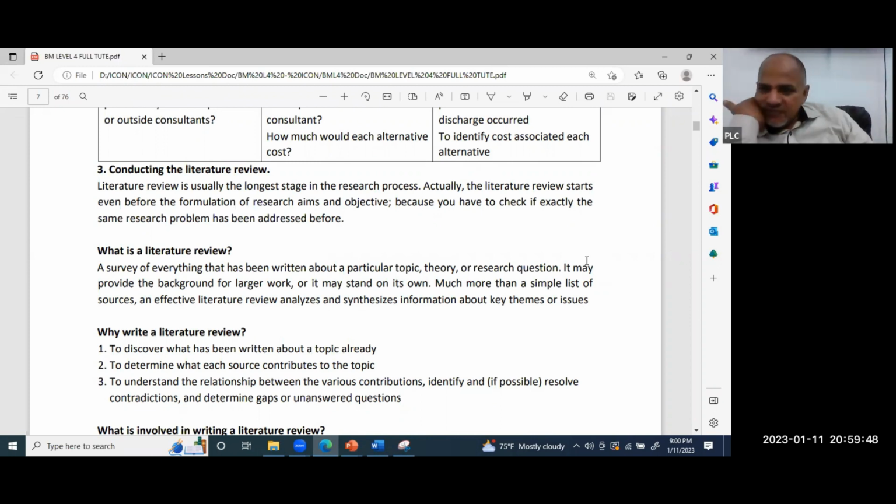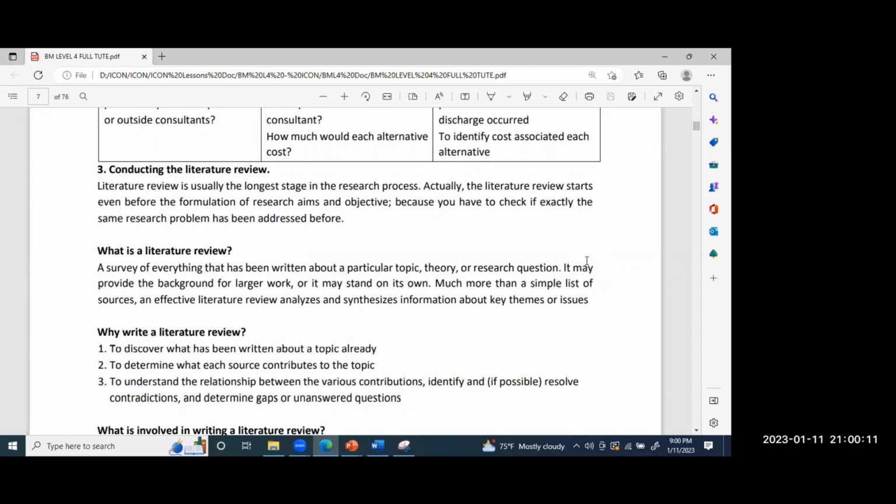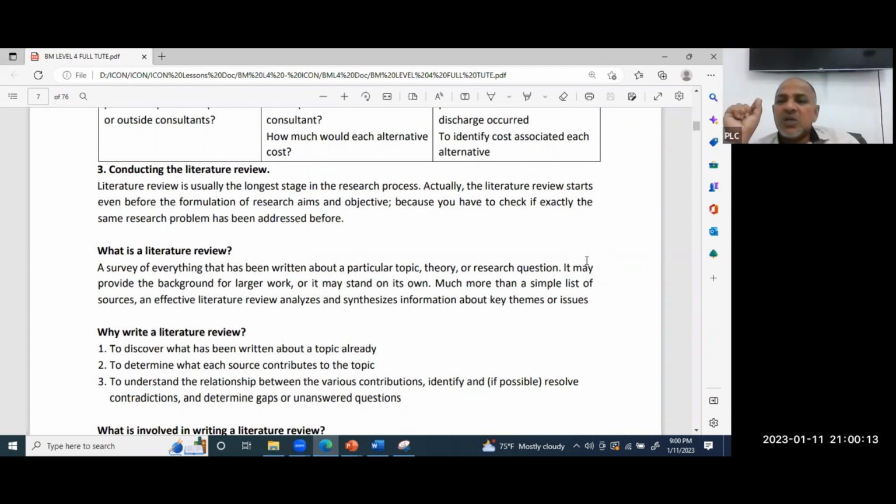What is literature review? What are you going to do in the literature review? You have dependent variables and independent variables. For these, you are going to bring some textual evidences and some theoretical evidences.